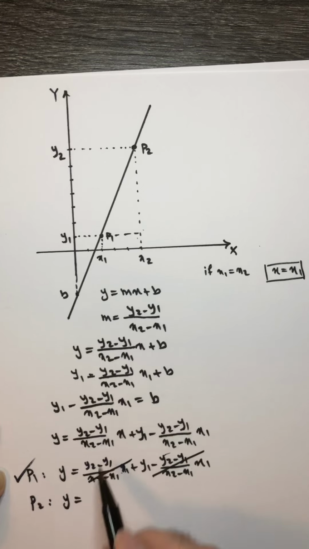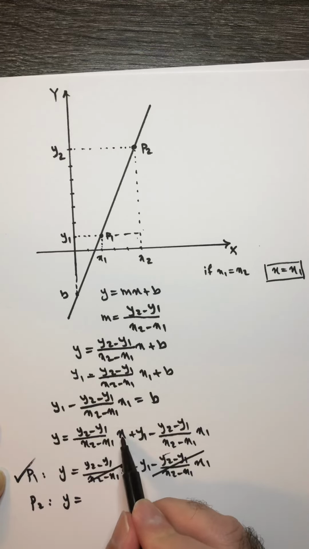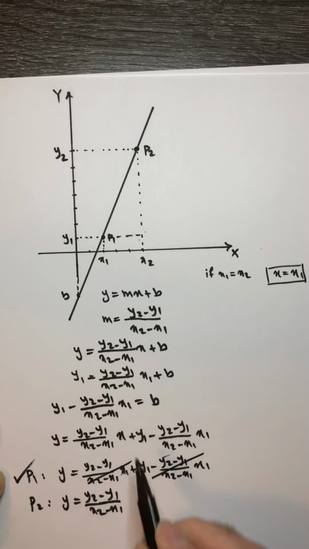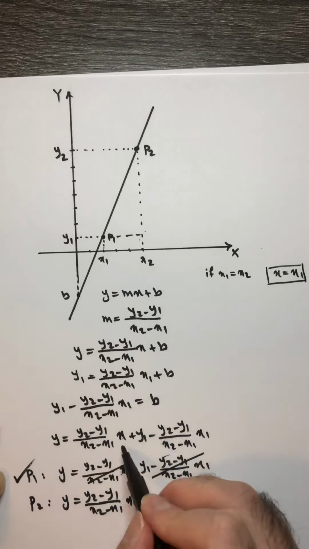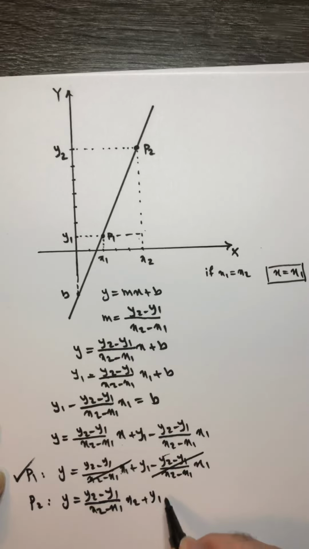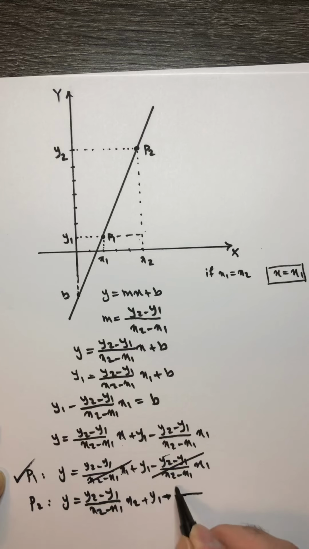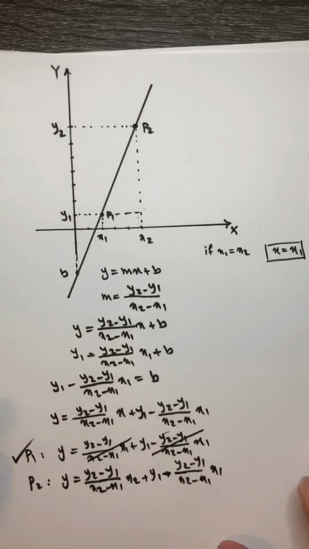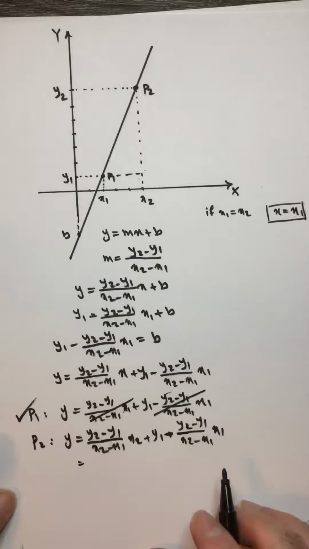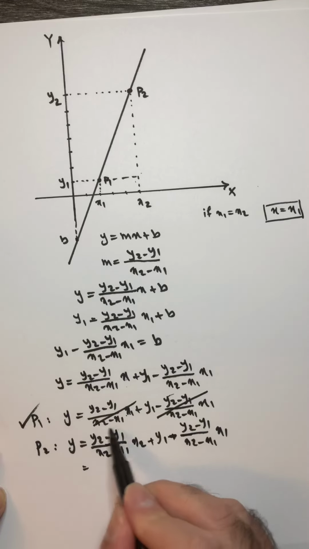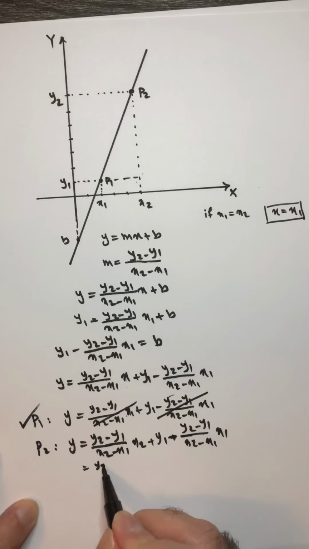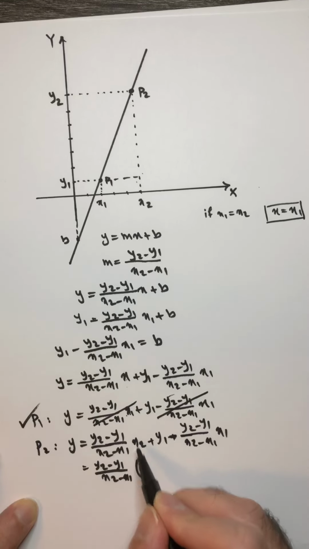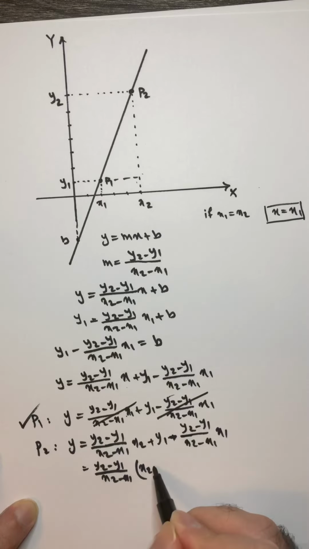Let's do it. y equals, we insert x2 into this equation: y2 minus y1 over x2 minus x1 multiplied by x2, plus y1 minus y2 minus y1 over x2 minus x1 times x1. Then for these two terms, we factor this part, y2 minus y1 over x2 minus x1, so here we have x2, and here we have minus x1.